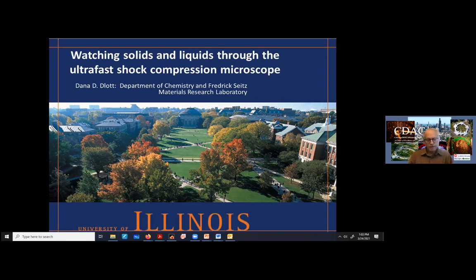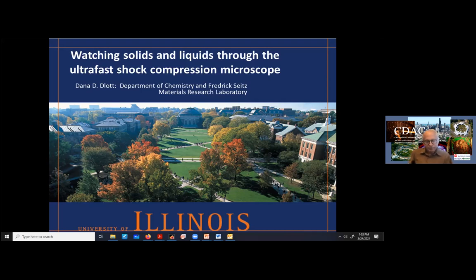More broadly, Dana is widely recognized throughout chemistry, materials, and the shock compression community as a leader in fast spectroscopy of molecules and materials, for which he's won a number of awards, including the ACS Physical Chemistry Award in 2013 and a Lippincott Award from the Optical Society of America in 2015.